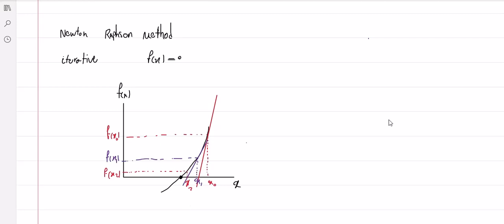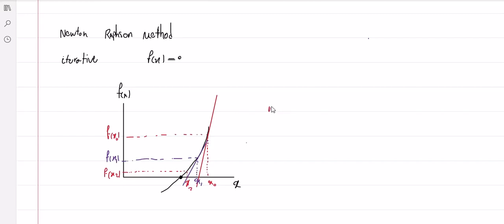Okay, now in order to derive the formula for the Newton-Raphson method, we're gonna calculate the slope of each tangent line, and based on that, the Newton-Raphson formula would be extracted. So, we are gonna first calculate the slope for the red tangent line.